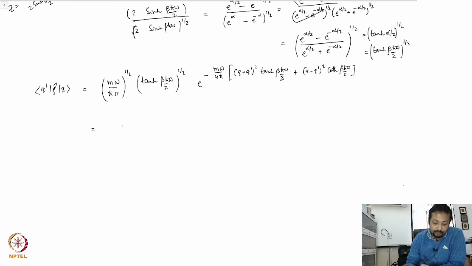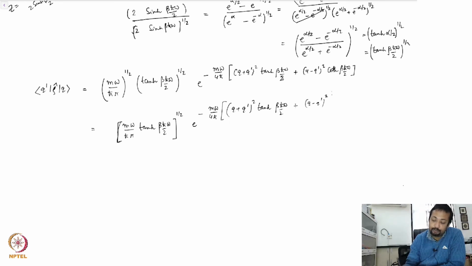A little simplification would give me m omega over h bar pi tan hyperbolic beta h bar omega by 2 raised to the power half times e to the power minus m omega over 4h bar q plus q prime whole square tan hyperbolic beta h bar omega by 2 plus q minus q prime whole square cot hyperbolic beta h bar omega by 2.